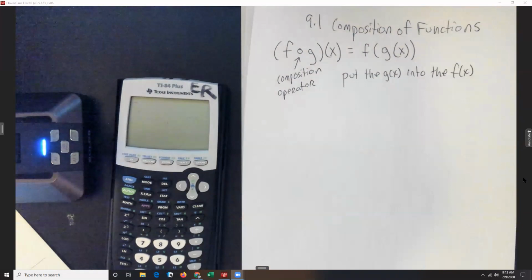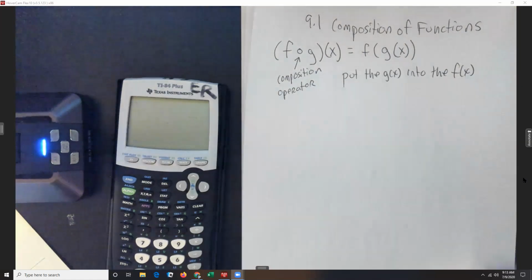Oh, you might see this in physical science or chemistry. You might have a formula for force, but to know the force, you got to know the acceleration maybe. And acceleration would have its own formula. So you would find the acceleration using that formula. Once you got that answer, you would throw it into the formula for the force.